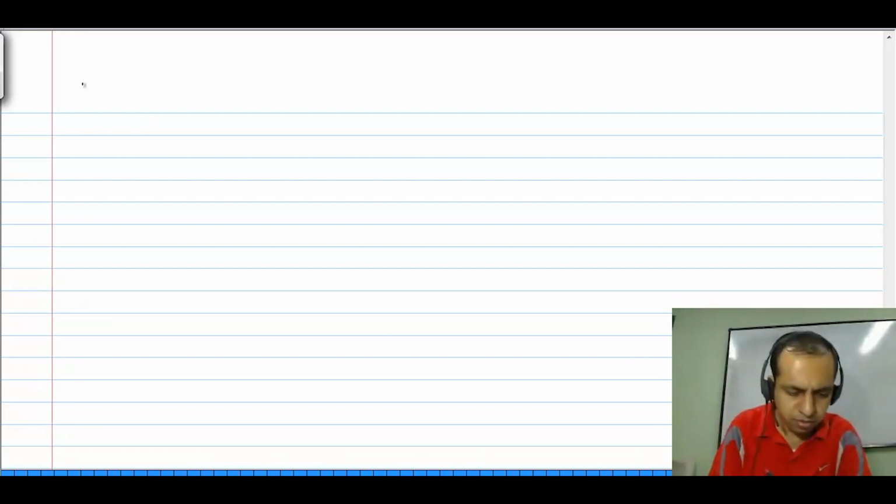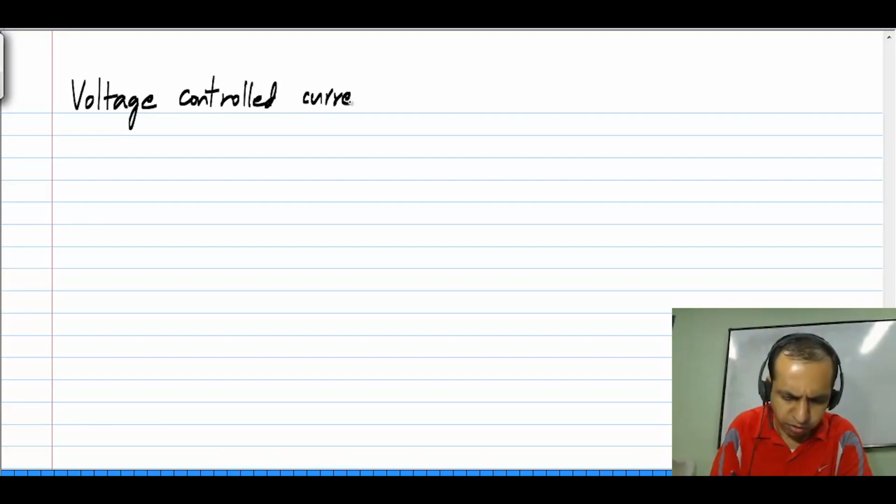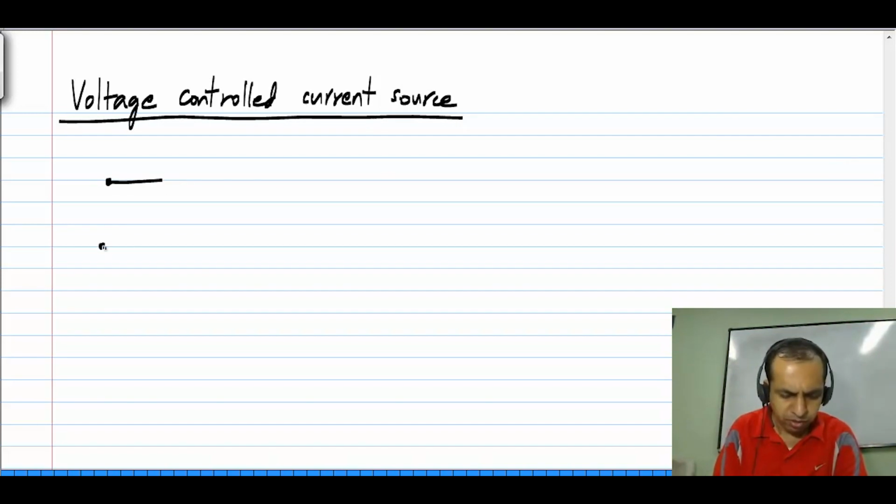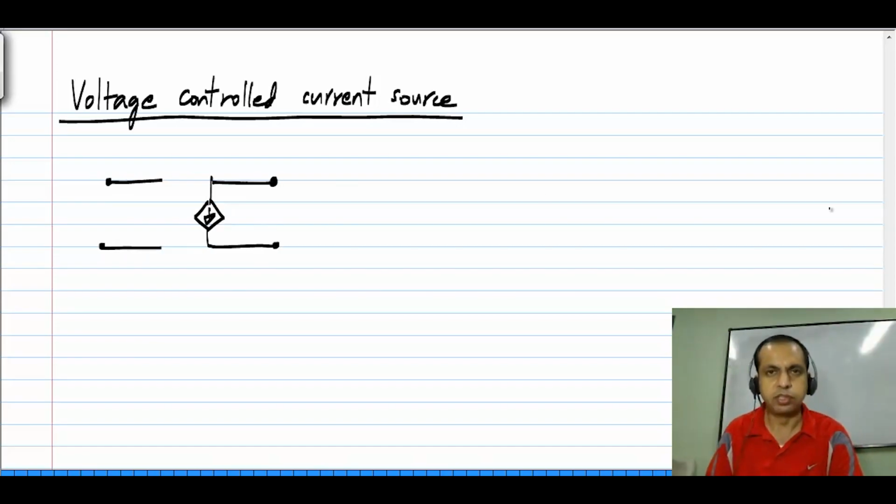Next we'll look at another control source, which is the voltage controlled current source. This is given by a symbol which is similar to a current source, but again we use a diamond instead of a circle to distinguish independent sources from controlled sources.